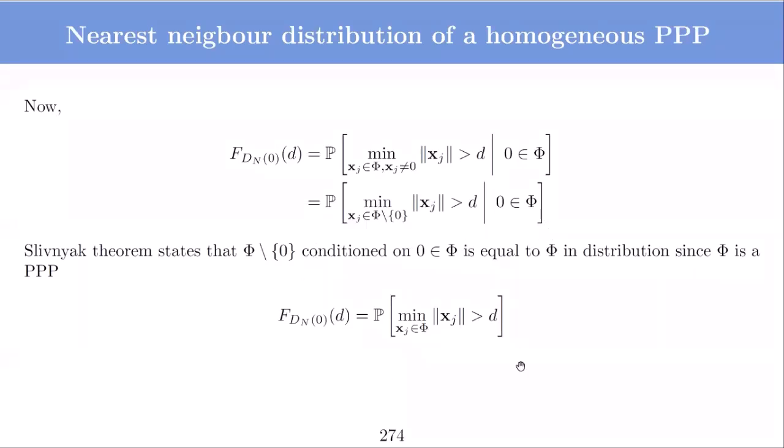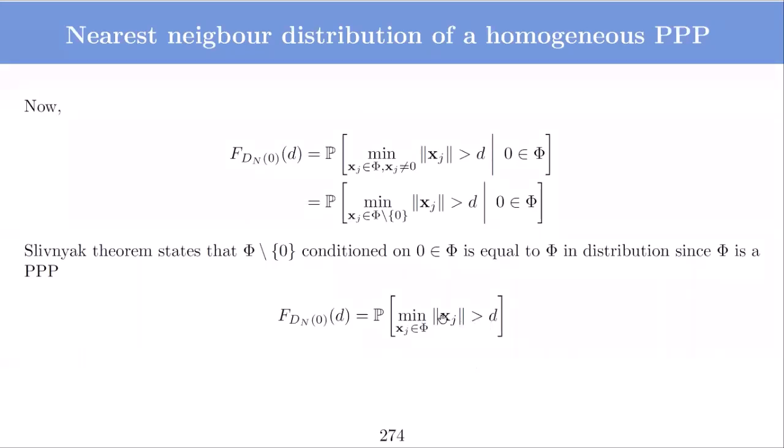Now, what is this probability? It says the minimum norm of xj is more than d. So what is the probability that the closest point from the origin is more than d distance away? And here there is no condition. This is the same as saying that there is no point in the ball of radius d.